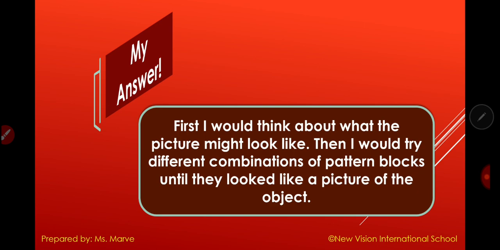Then I would try different combinations of pattern blocks until they look like a picture of the object. You are not just going to put any kinds of smaller shapes, but try to look at the picture and see if it is the correct object that you want to make.